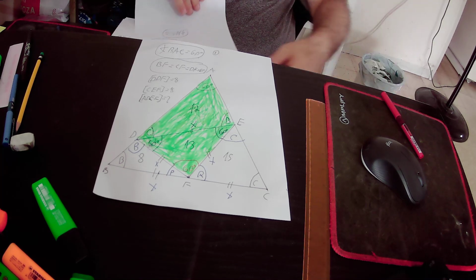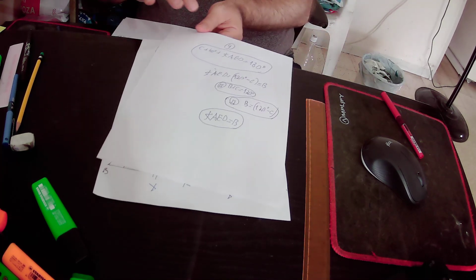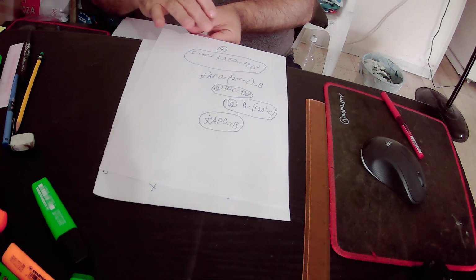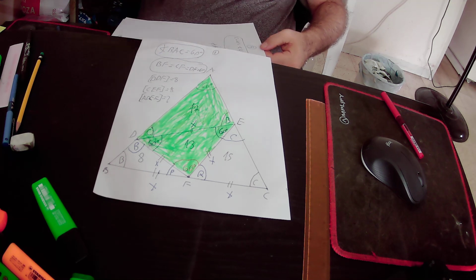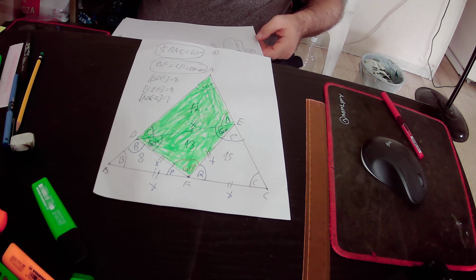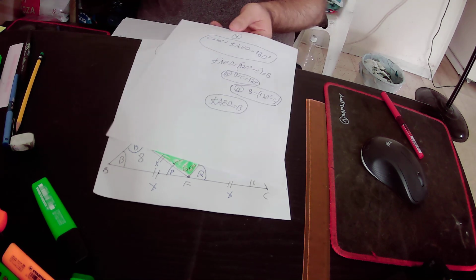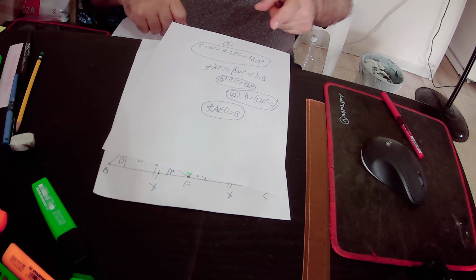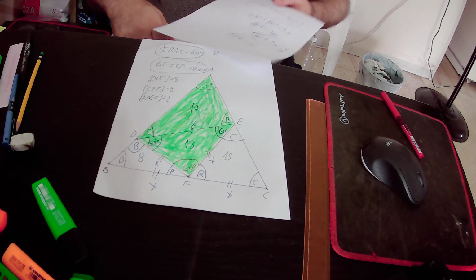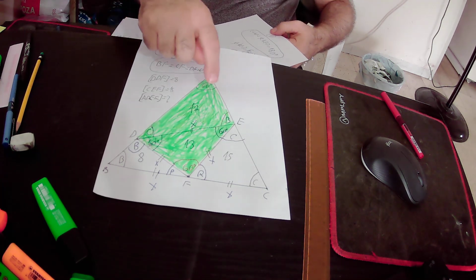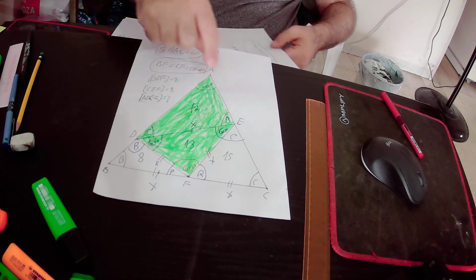Again C plus 60 degrees plus angle AED equals 180 degrees because AC is a straight line and the sum of the angles on a straight line is equal to 180 degrees. So we solved this simple equation and we found out that angle AED equals B.